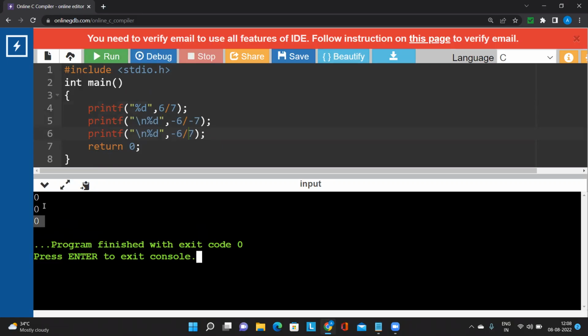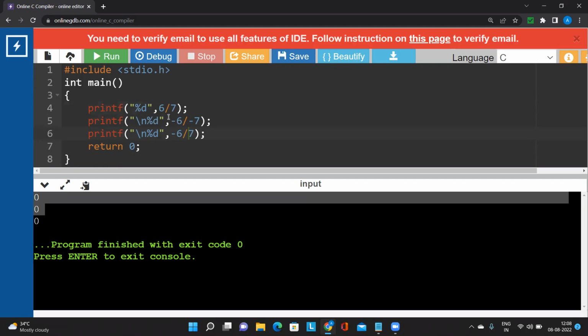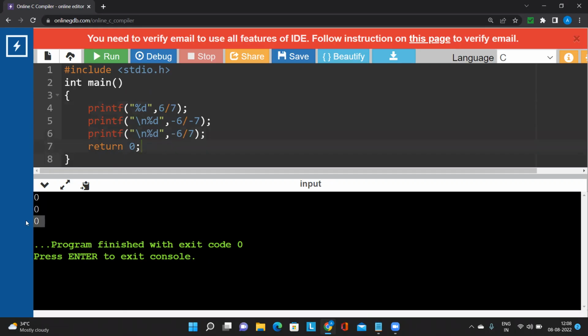See here, the first two, as I already told you, give the result 0. But the third one actually depends on the compiler and the machine on which I am going to execute the program. Here in this compiler, it is giving me the result as 0. So remember, it can either be 0, or in some compilers you may also get the result as minus 1.